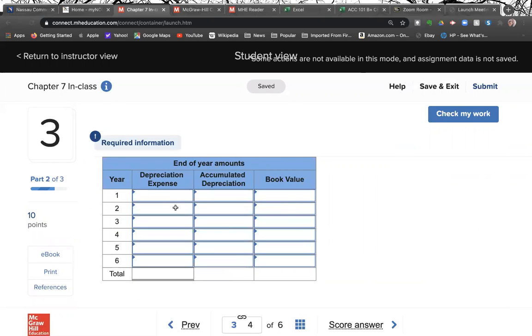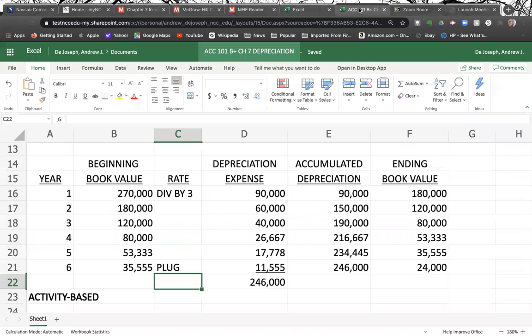Let's see. So we need to copy all these numbers over. I'm just going to write them down on a piece of paper so I don't have to keep flipping back and forth, right? So this is 2, 3, 4, 5, 6, 90, 60, 40.